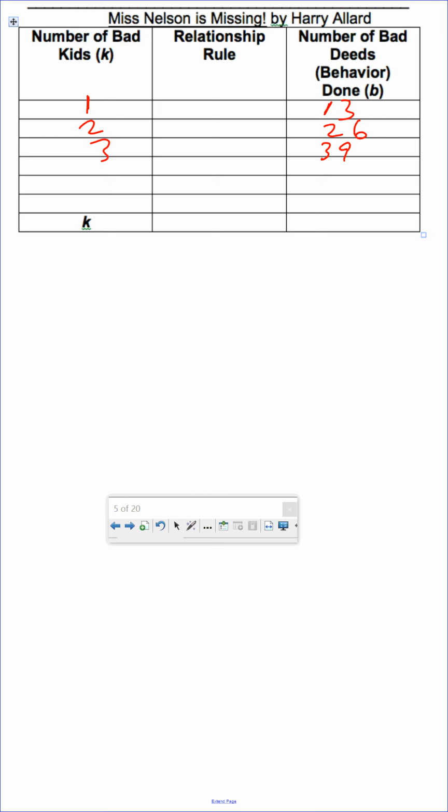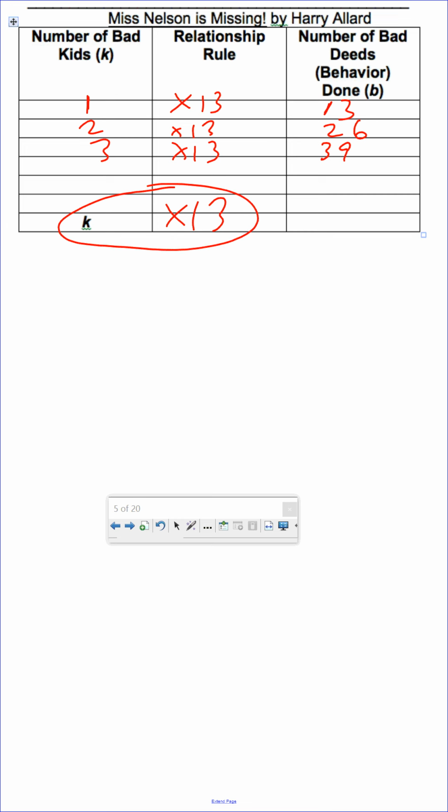So what is the relationship rule? Can you figure it out? Are we adding? Let's see. Are we adding 12? No, 2 plus 12 is not 26. So I know we're not adding. So let's erase this. Is it multiplicative? Are we multiplying by 13? I think we are. So it seems like the rule is times 13.